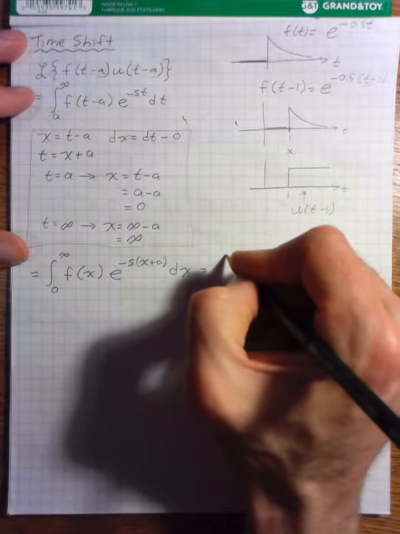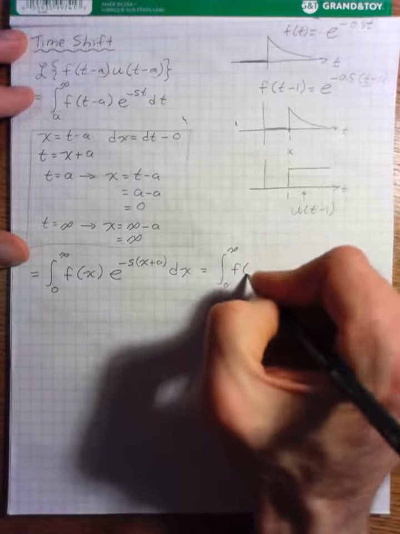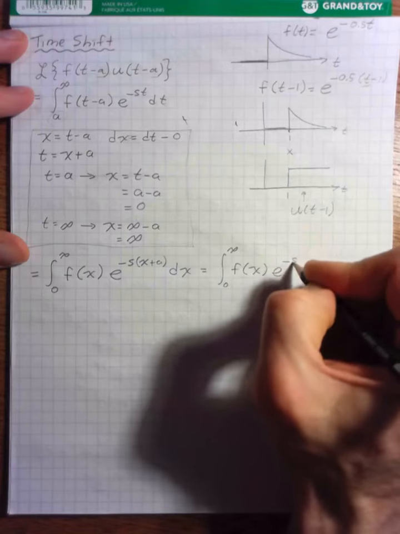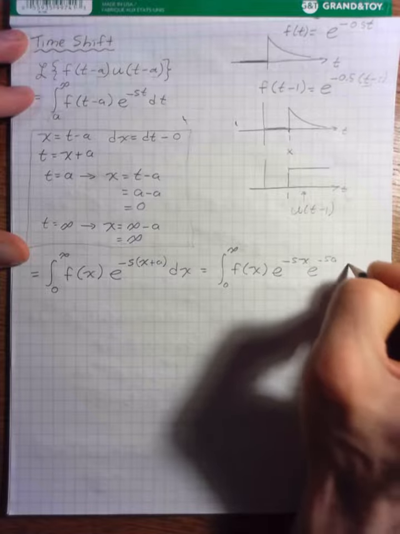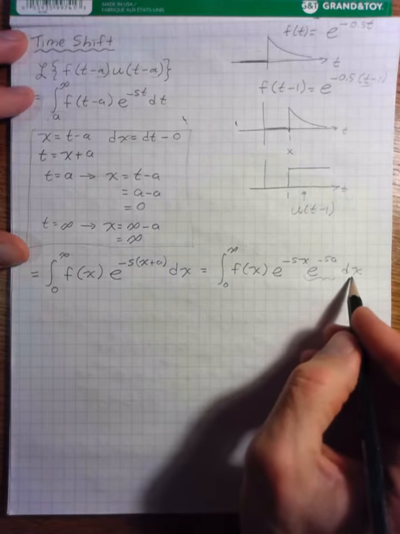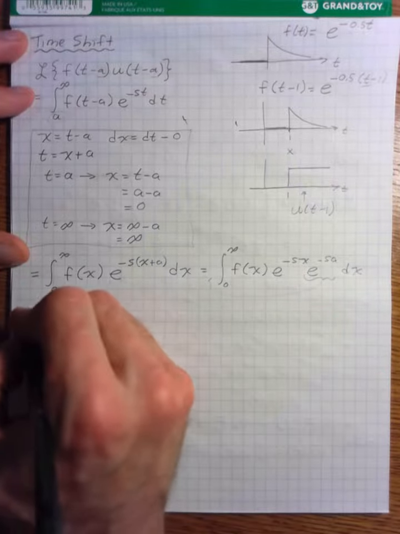So this integral is then equal to 0 to infinity, f of x, e to the minus sx, e to the minus sa dx. This term is not a function of x, which is what we're integrating with respect to now, so we can take it out front.